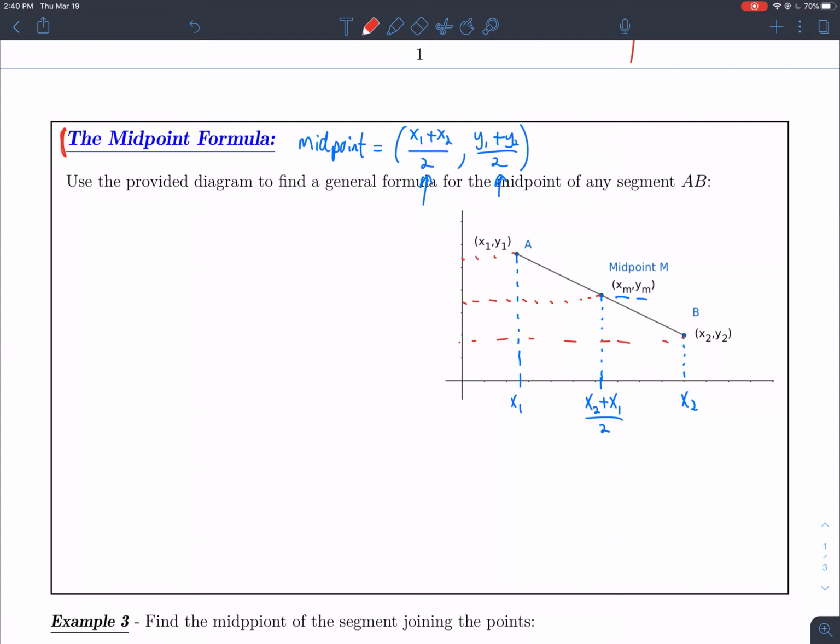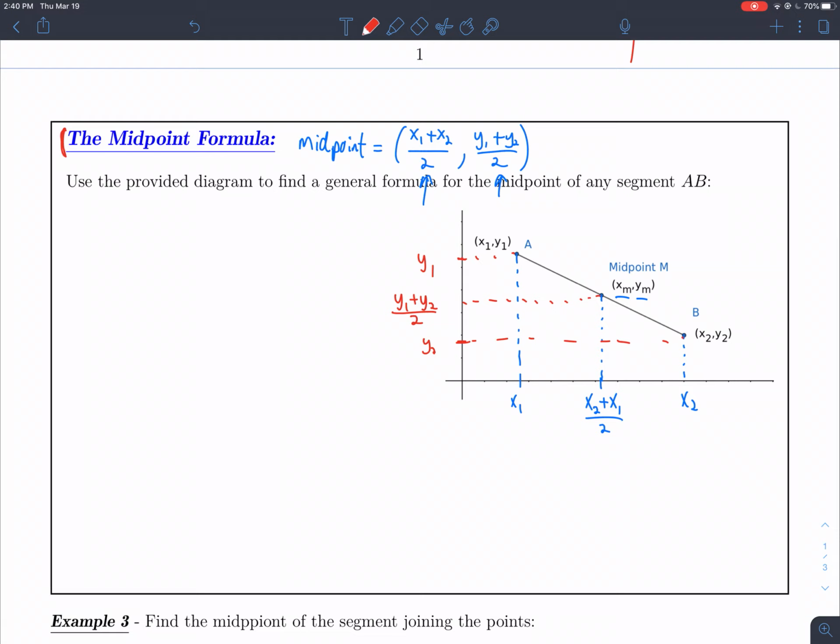So this coordinate is y2, this coordinate is y1, and I want to show that that's the average. So this is y1 plus y2 over 2.